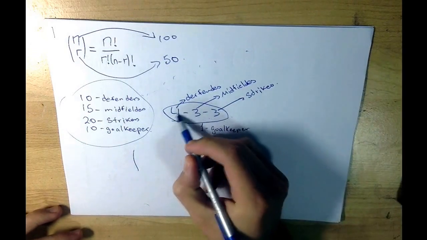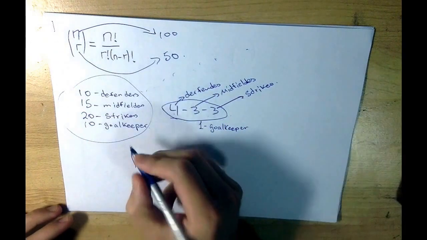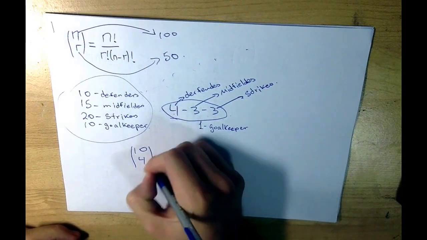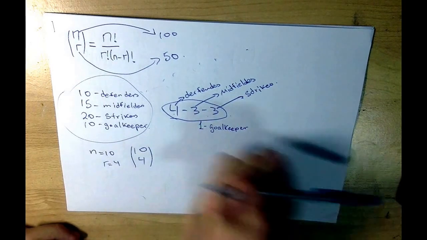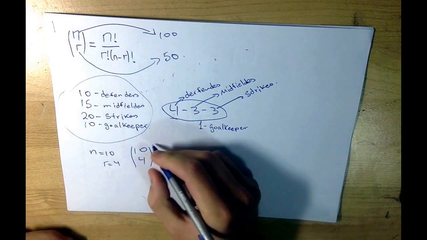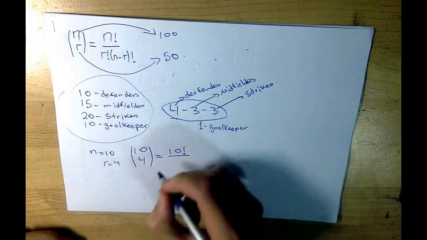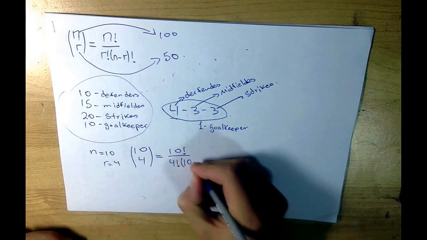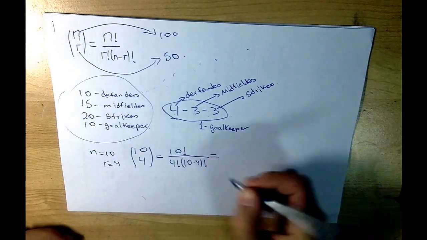First of all, we need 4 defenders out of 10. So 10 is the bigger group. We take 10 and then we take 4 at the bottom. So n equals 10 and r equals 4. This equals 10 factorial divided by 4 factorial times 10 minus 4 factorial.